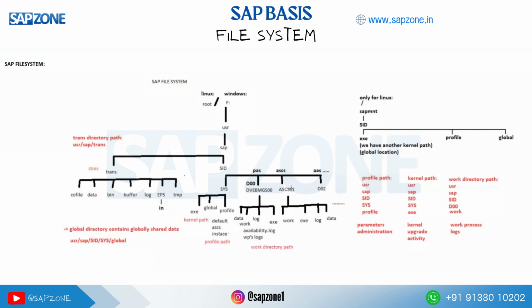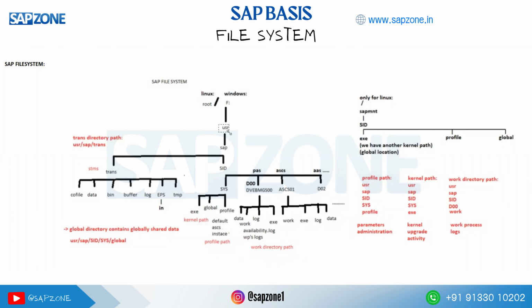Like a floor number, 01. Additional application server, another number. So if you go to USR, SAP, SID, under the SID, D00 means the primary application server folder. The primary application server related work process logs are there in the work directory.